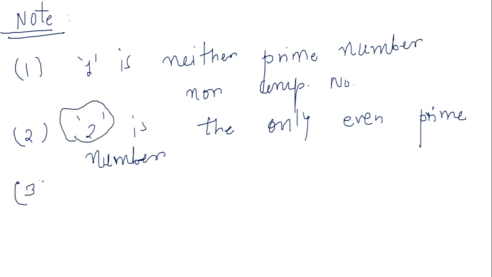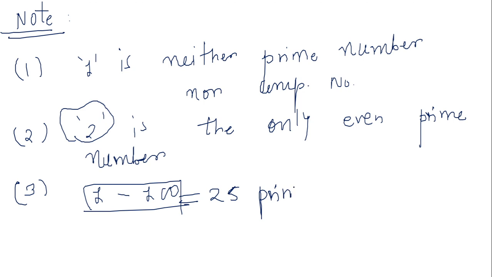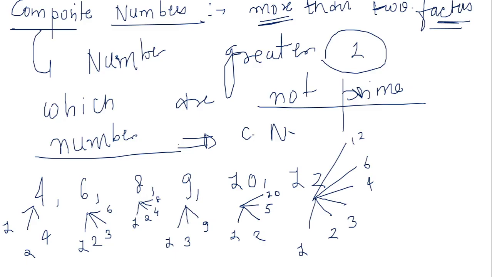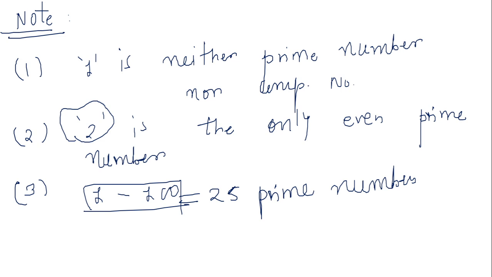Okay, so 2 is the only even prime number. And the third note is that between 1 to 100 there are 25 prime numbers. There are a total of 25 prime numbers, as I have already mentioned in the previous slides. Okay, so I hope you have understood the types of numbers.